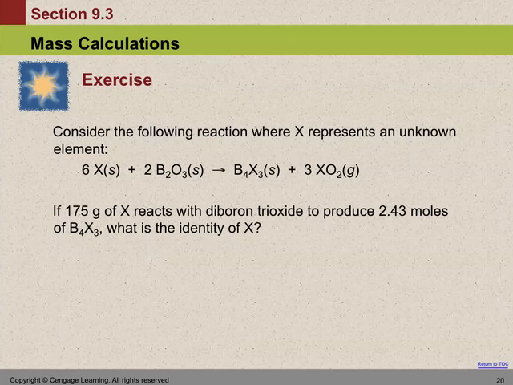Once we know the number of moles and we know the number of grams, we can work out the molar mass. Once you have the molar mass of X, you'll be able to identify which element it is by looking at the periodic table.